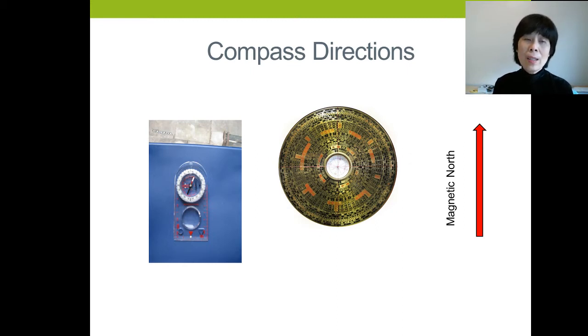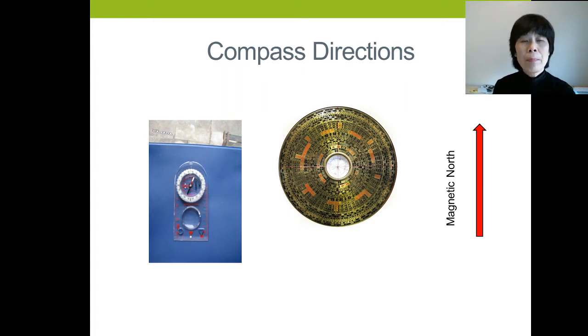Again, there's the Luo Pan in the center, and sometimes the Luo Pan can be too expensive, so a modern compass will actually do. Get a reliable one, something like you see here in the slide.